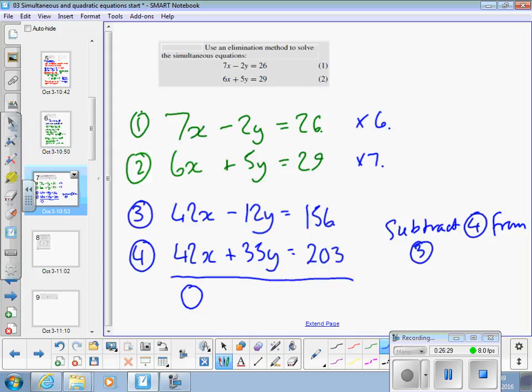Minus 12 minus 35 is minus 47. y is equal to, and 156 minus 203 is, Jake, minus 47. Therefore, y is equal to 1, is it not?